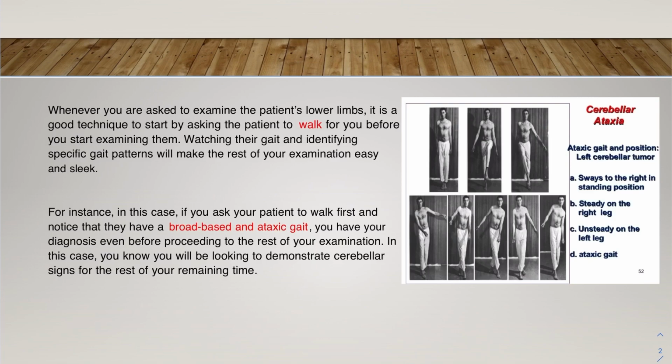So if you ask the patient to walk first and notice they have a broad-based and ataxic gait, you have your diagnosis even before proceeding to the rest of the examination. So in this case, you know already that this is cerebellar syndrome. You're going to do the whole CNS examination, but you will be particularly focusing on the cerebellar signs for the rest of your remaining time.